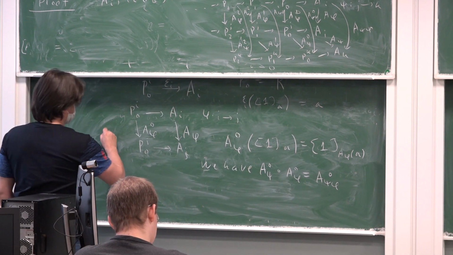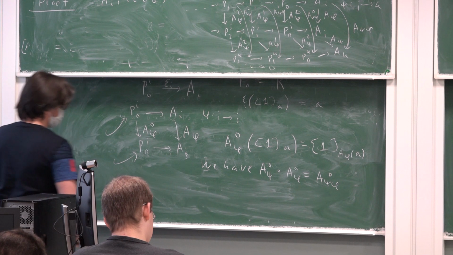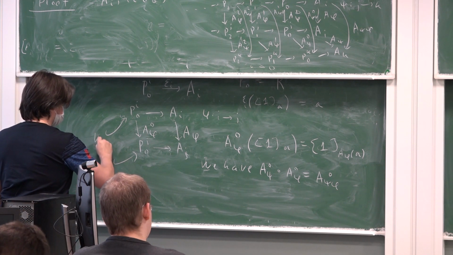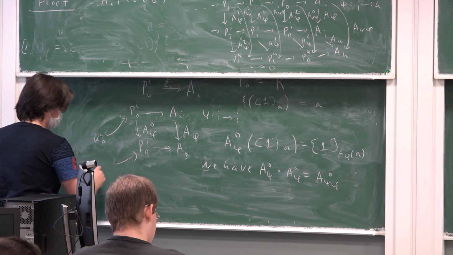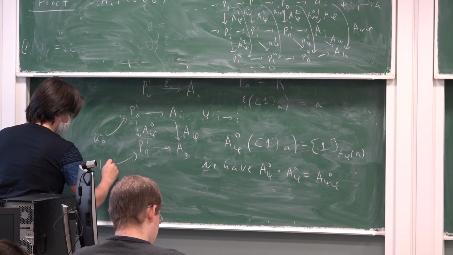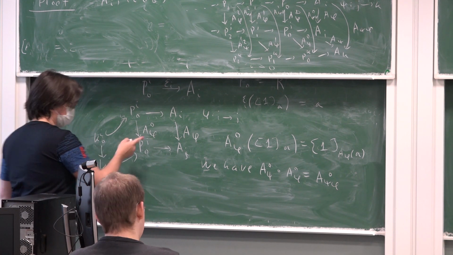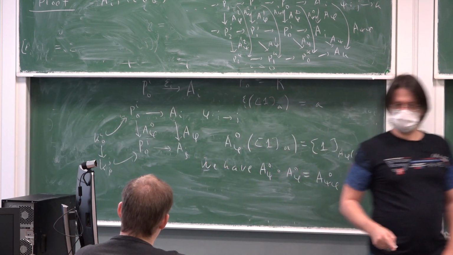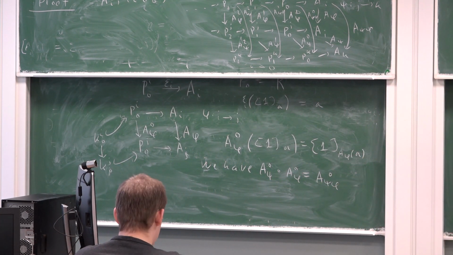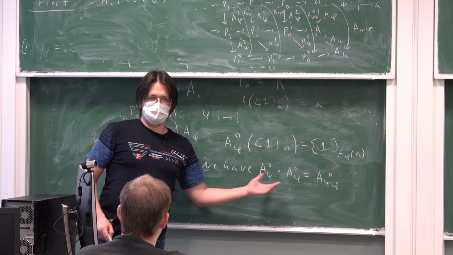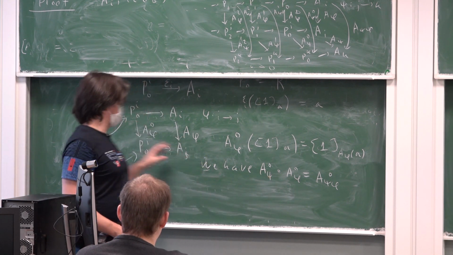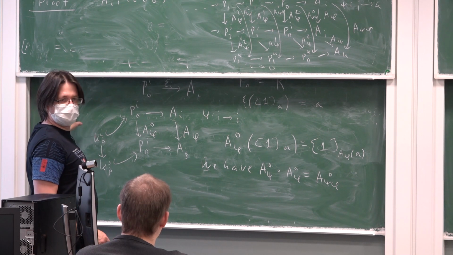Then, of course, on kernels we have a unique map that makes the diagram commutative, and by the uniqueness the map on kernels will satisfy the analogous condition, so we can then proceed by induction.